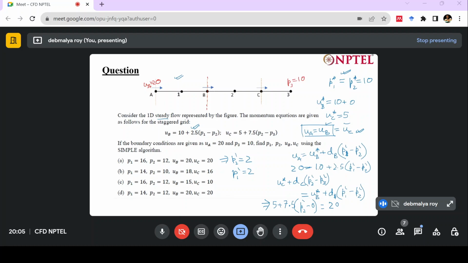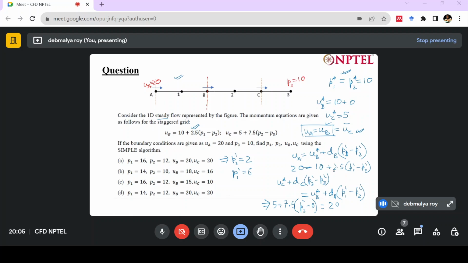So 20 minus 10 is 10, divided by 2.5. 10 by 2.5 gives us 4. Sorry, this will be 6. You can put it in this equation. So 6 minus 2 is 4. 4 into 2.5 is 10. So 10 plus 10, 20, which satisfies this. So this is correct.